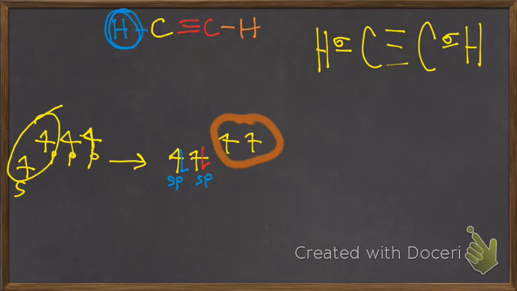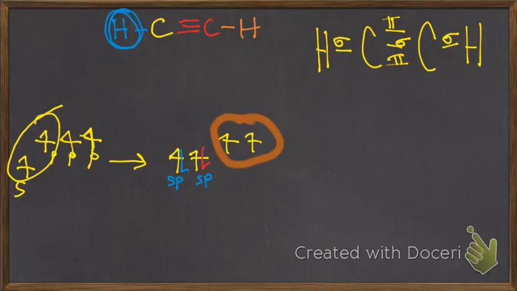And a lot of times they would say, this one's a sigma, and then this is a pi, and this is a pi. It doesn't really matter which of the three. One of them was a sigma, and the other two are pi's. This is actually the reason why we say that. You can see all the orbitals that are hybridized are sigmas. So we have the one of the hydrogen, which is a sigma. We have the one between the carbons as a sigma, but the other two that are left over between the carbons are pi bonds. Okay?